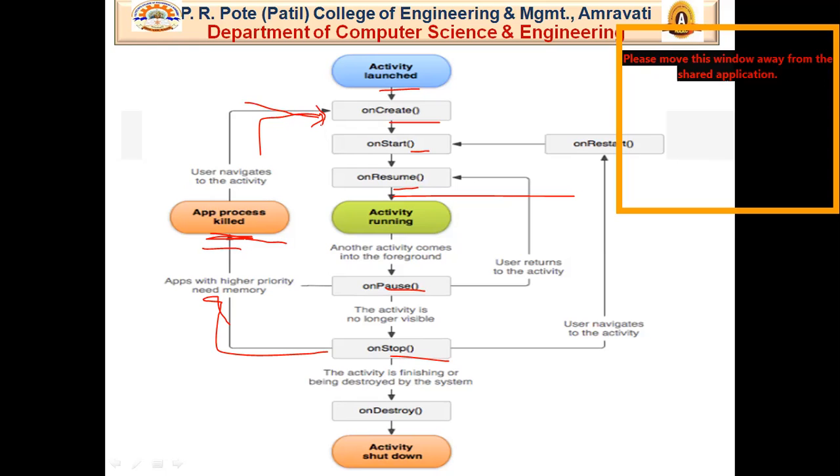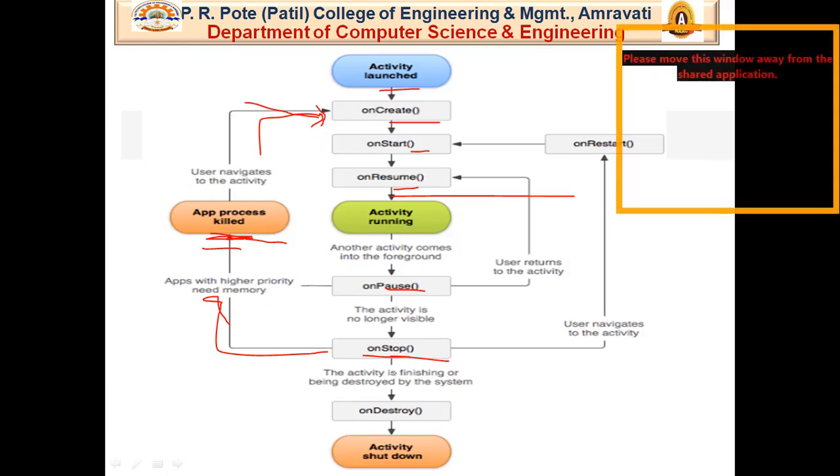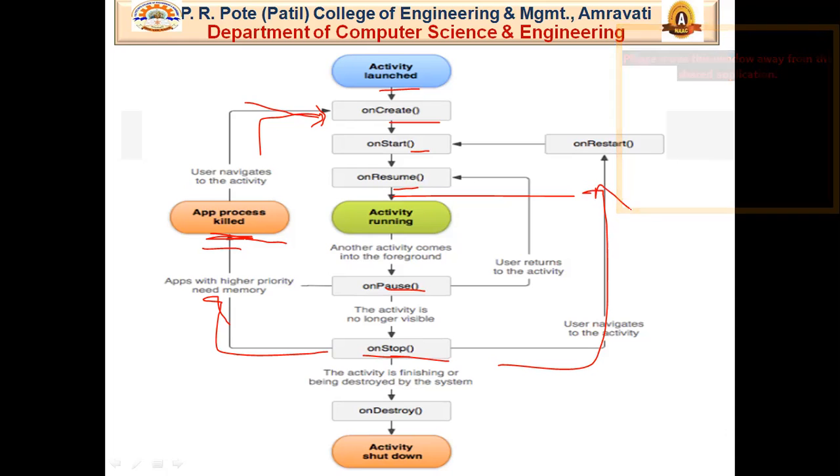But in case the activity is in a stopped state and you are sending your mails and SMS and you come back to WhatsApp again, to your chatting again, then the activity comes to the foreground. That is the other path. The activity comes back to the foreground, then the activity will be restarted.